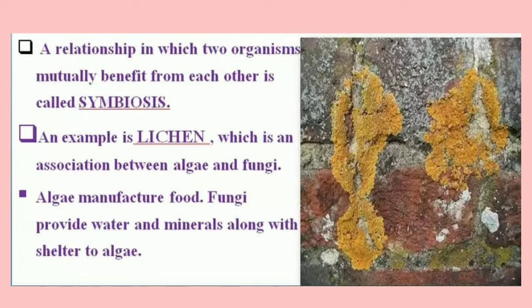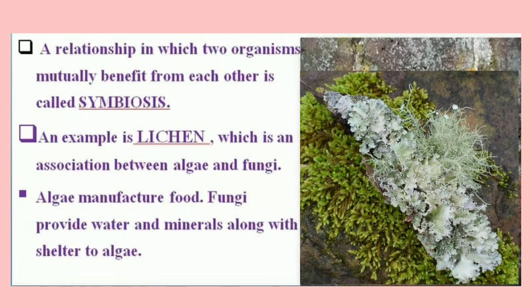So this type of nutrition is called symbiotic nutrition. For example, lichen, which is an association between algae and fungi. Algae manufacture food and fungi provide water and mineral along with shelter to algae. So this type of nutrition is called a symbiotic nutrition. Understood?